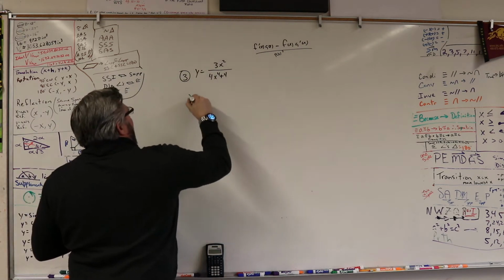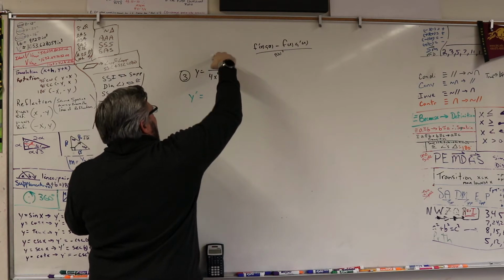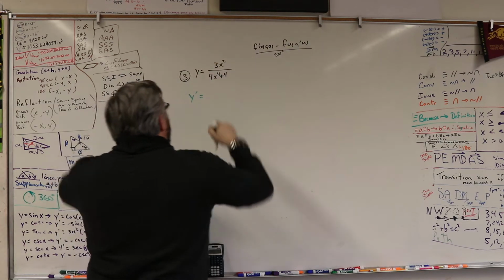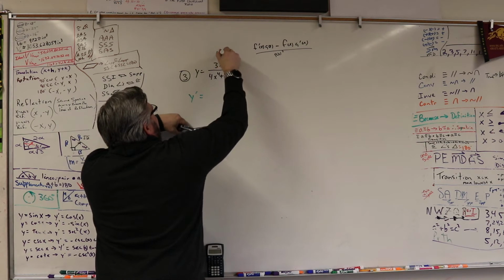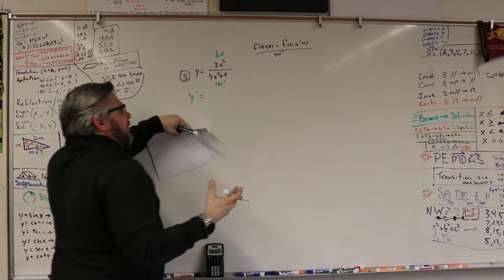So, if this is your y, then let's start with y prime is equal to, and let's just look at these two. So what's the derivative of this? 6x, right? And the derivative of this is 16x to the third, right?